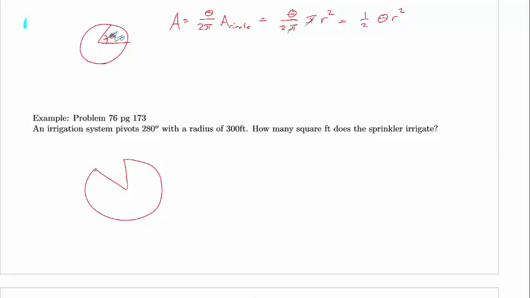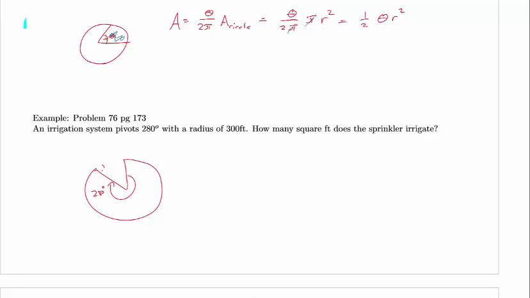That's basically what's being watered here. 280 degrees, that's our theta. All we have to do is plug this into our equation here. And so our radius was what, 300 feet?